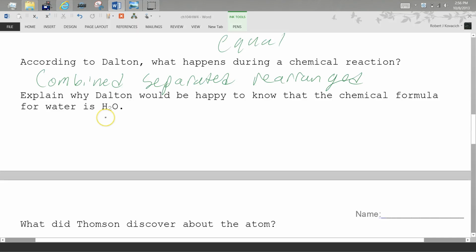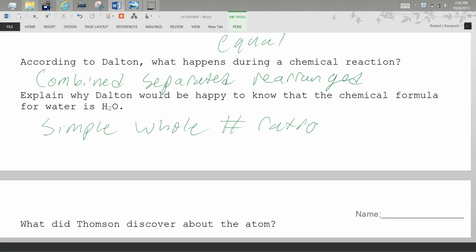Why is Dalton super happy to know that the water's chemical formula is H2O? It's a simple whole number ratio. It's the ratio of 2 to 1. I mean, the only more simple one would be 1 to 1. The ratios themselves are very simple, and the ratios themselves are always going to be whole numbers. There will be no partial oxygen atoms.